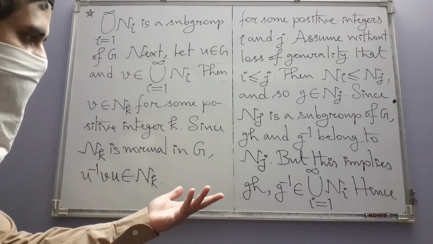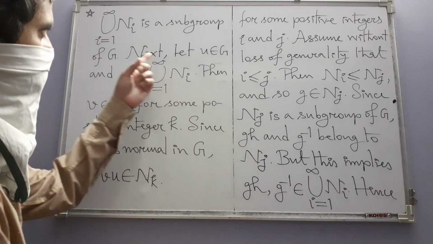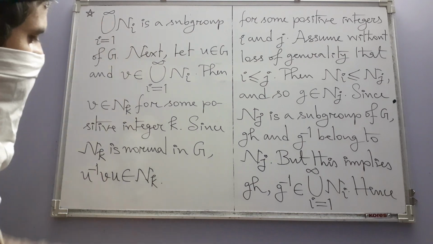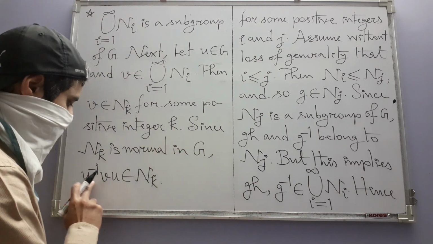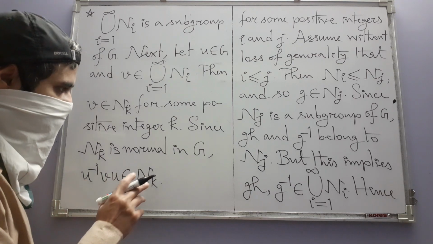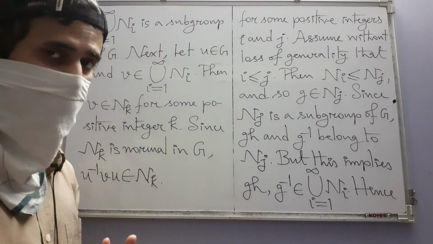But just like before, just like this part, the previous one, since Nk is one of the Ni's, so now U inverse V U will be an element in the union as well.